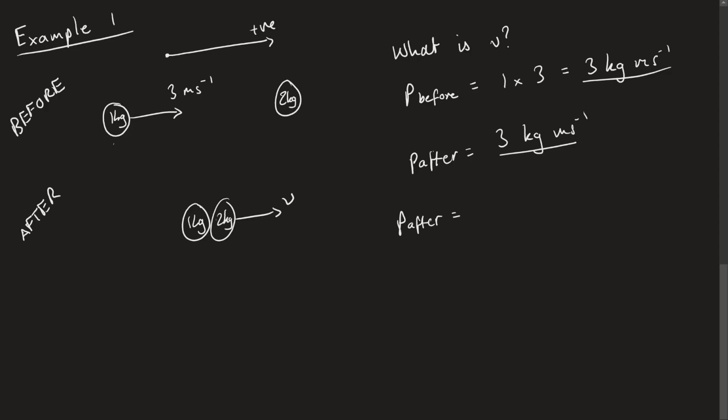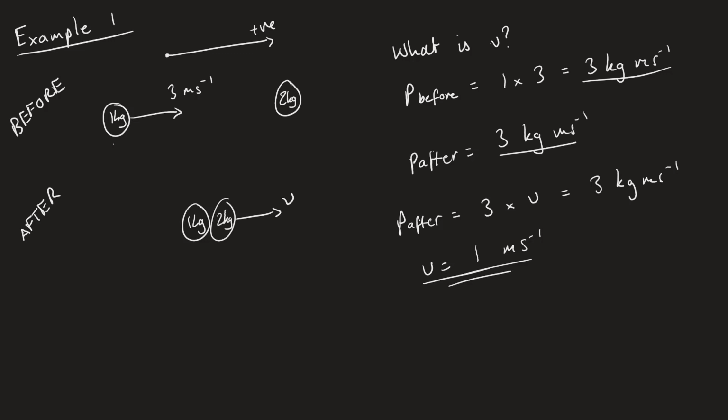So this is 3 times V must be equal to 3 kilograms meters per second, and so we can conclude from that V must be equal to 1 meters per second. Okay, so I purposely chose very easy numbers to make it a very simple, straightforward calculation, and so this would be an example.